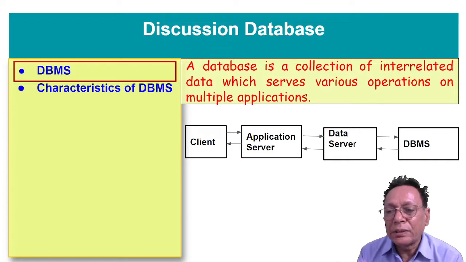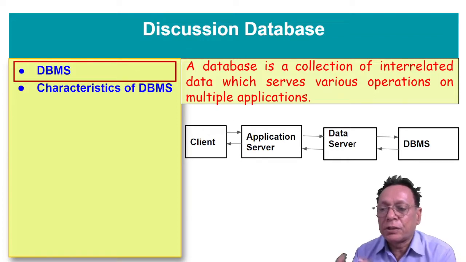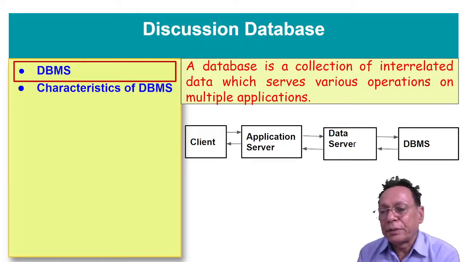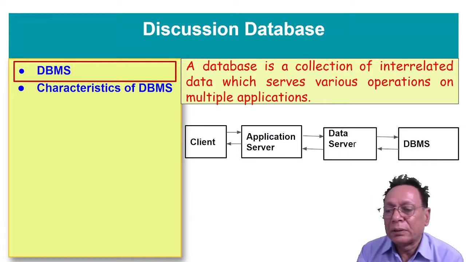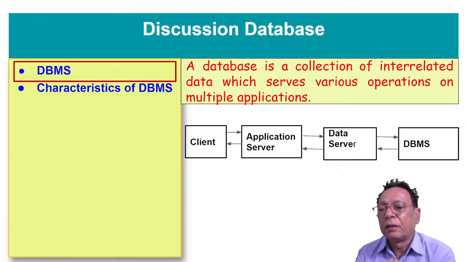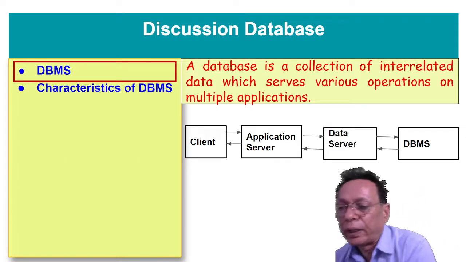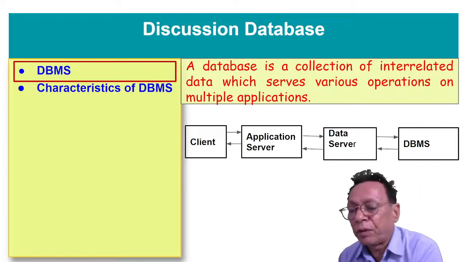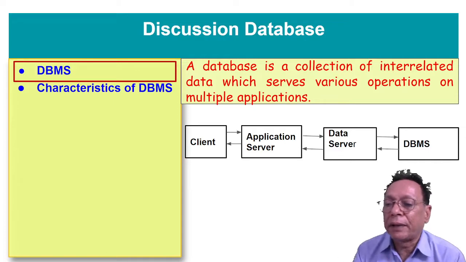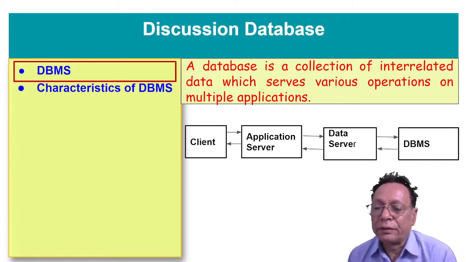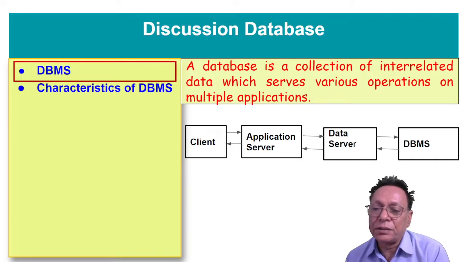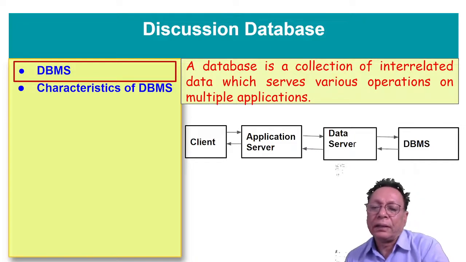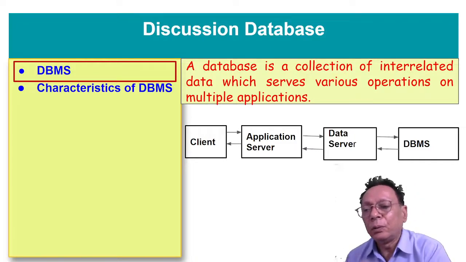When the request is shipped from the application server, it moves to the database server, and when the database server gets it, it sends this to the DBMS, where it is authenticated and the request is performed. After performing the request, it sends the result back to the data server, and the data server then sends the requested information to the application server, and from that application server the client gets to know what he wants.